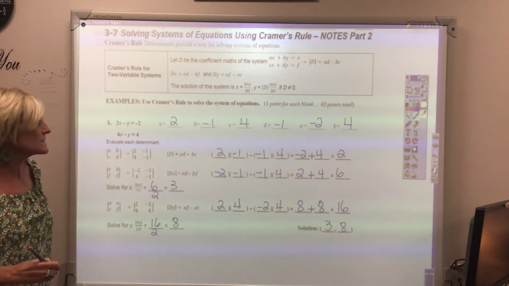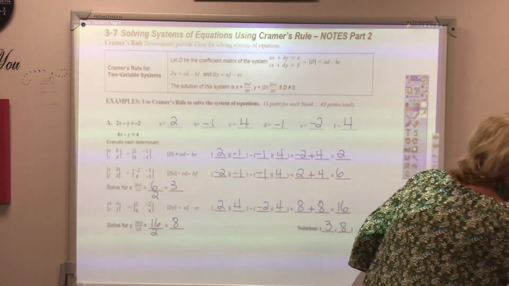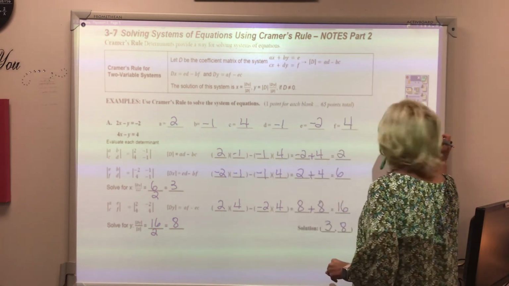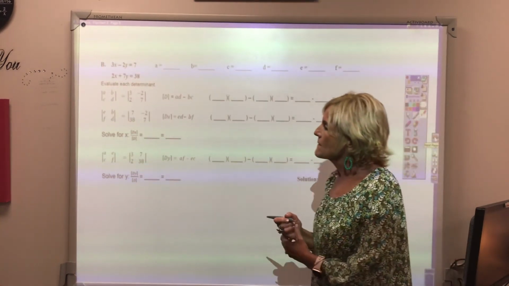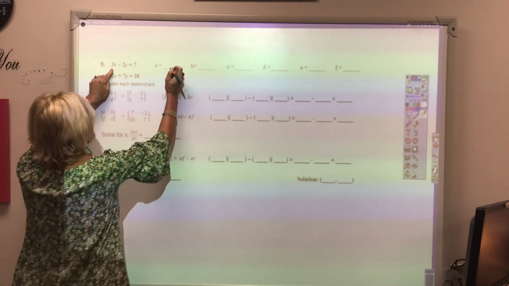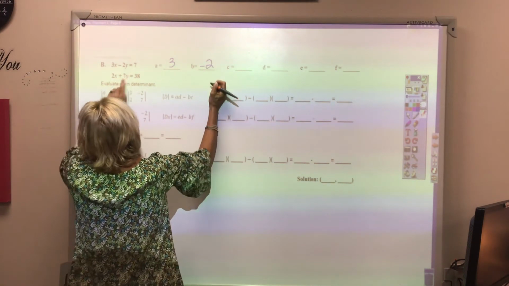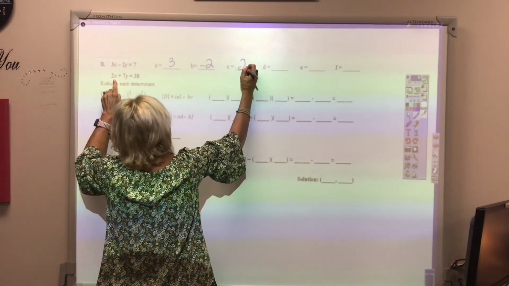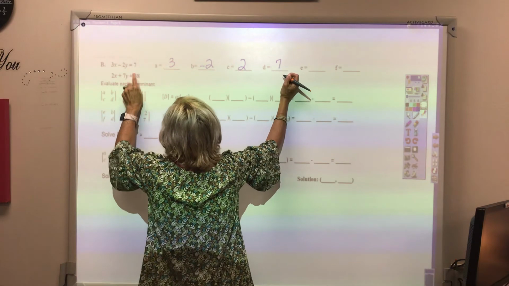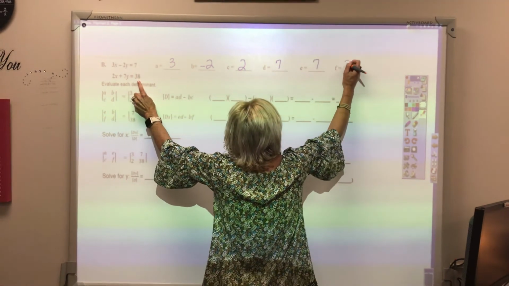Okay, that's our first example. We'll try it again, doing the same thing. So our A is 3, our B is negative 2, C is 2, D is 7, E is 7, F is 38.